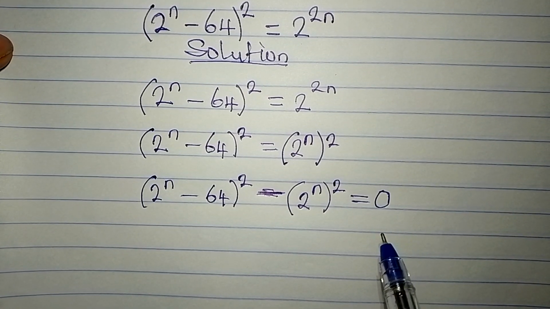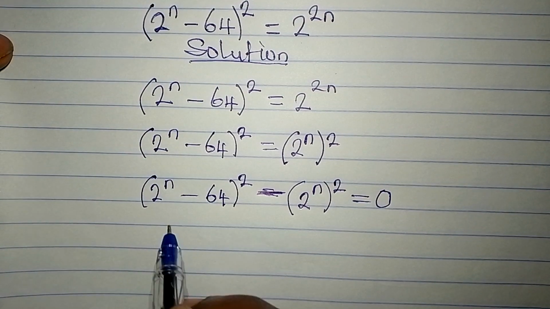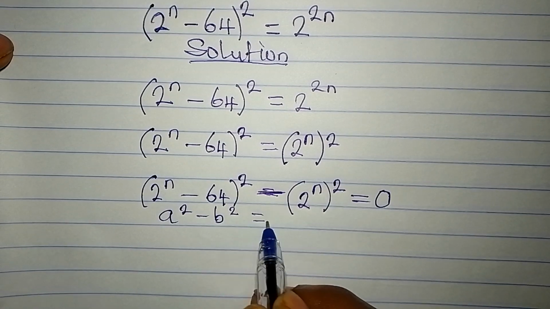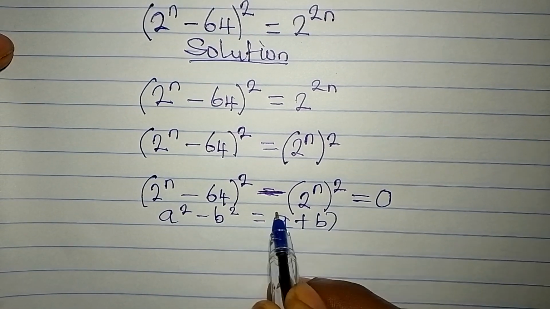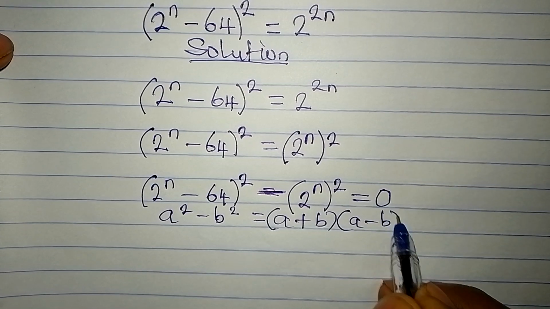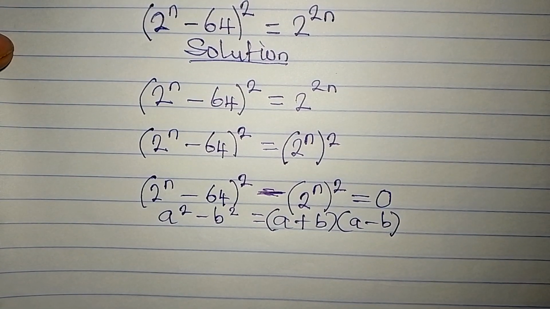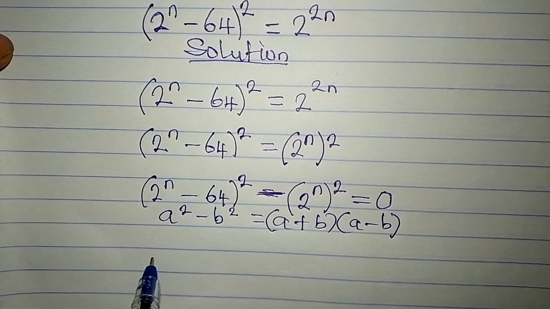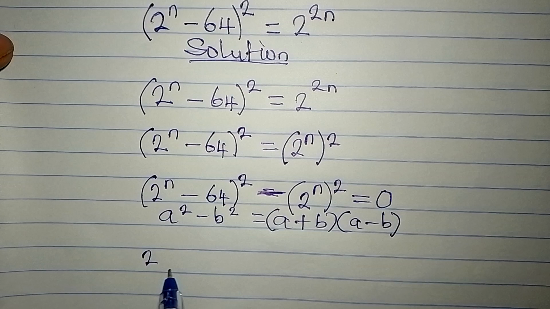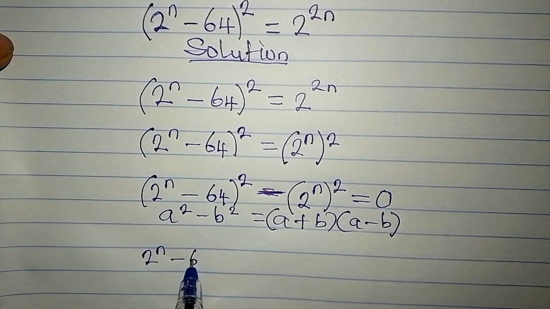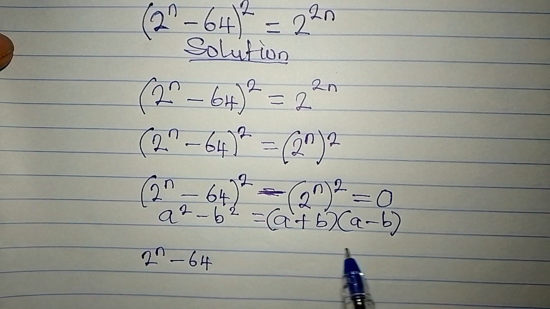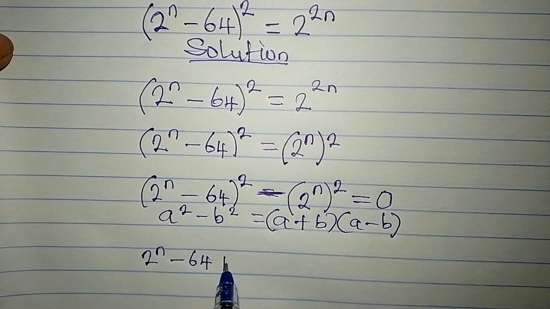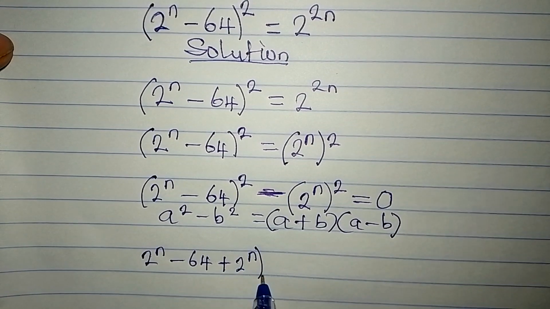Now I can apply the difference of two squares. Remember, if you have a squared minus b squared, it is equal to (a + b)(a - b). Our a is 2^n - 64, so in the first bracket we have 2^n - 64, then our b is 2^n, so plus 2^n, then we close this.